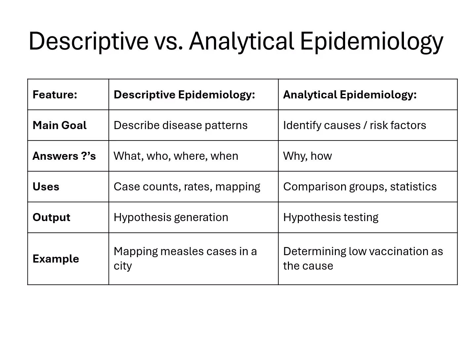This table summarizes the differences between descriptive and analytical epidemiology studies. So in descriptive studies, we're looking at what, who, where, and when, and trying to answer those questions, whereas in analytical studies, we're trying to answer why and how questions. Descriptive studies will generate hypotheses, whereas analytical tests will test those hypotheses.